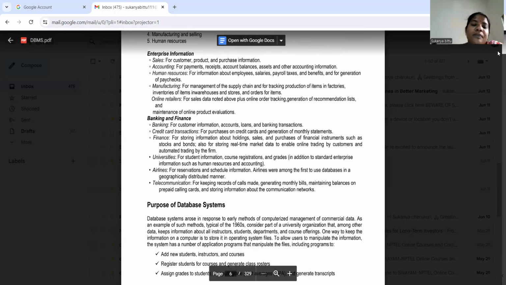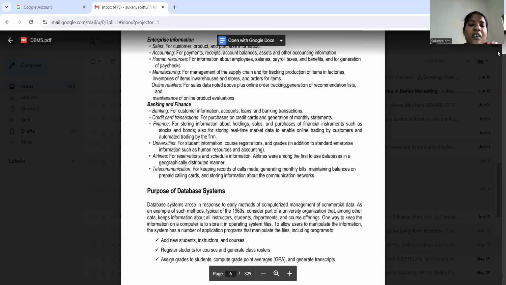How do DBMS applications work here? The banking sector keeps customer information, accounts, loans, and banking transactions. Next, credit card transactions for purchases on credit cards and generation of monthly statements, and stocks and bonds are also stored, with real-time market data to enable online trading by customers and automated trading by the firm.